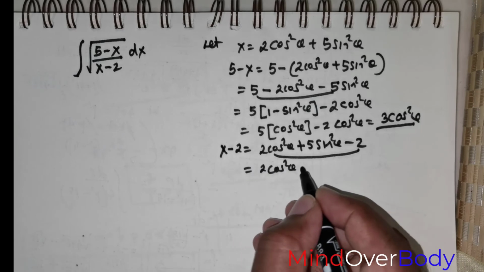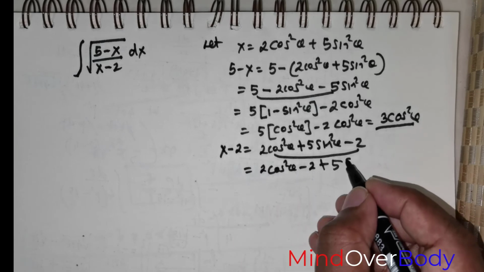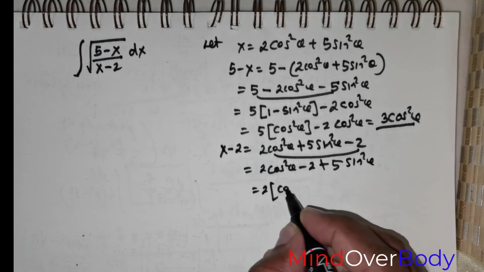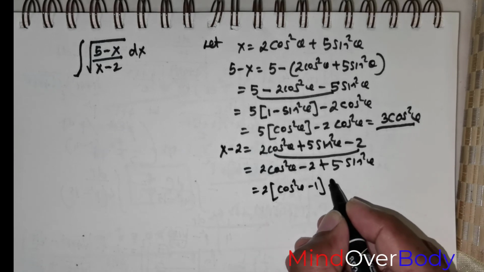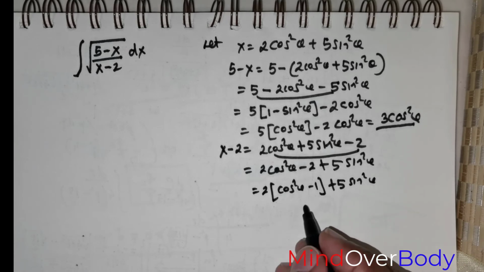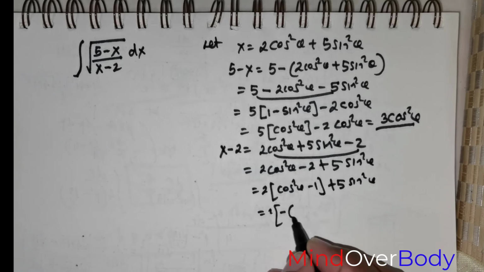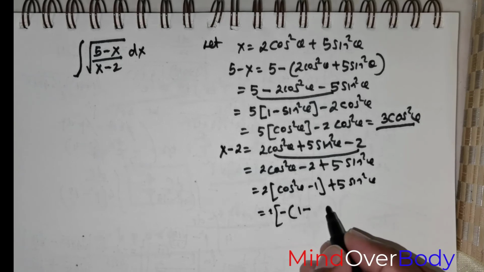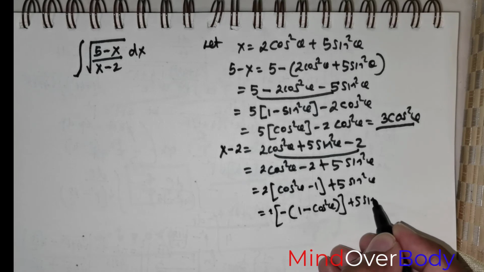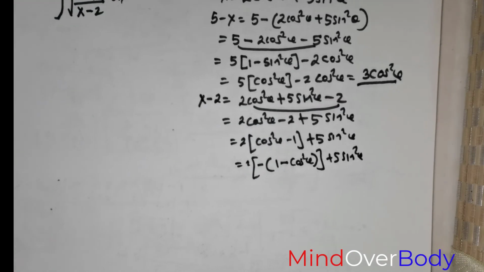So that's going to be 2 times cos square theta minus 2 plus 5 times sin square theta. If I were to take 2 out, I would get cos square theta minus 1, plus 5 times sin square theta. Now if I were to take the negative sign out, this would become 1 minus cos square theta, plus 5 times sin square theta.